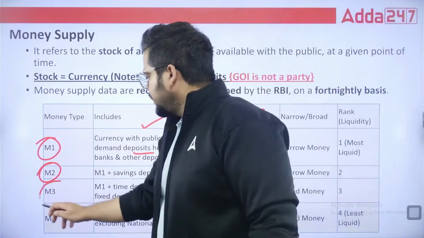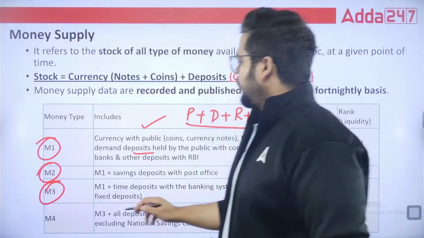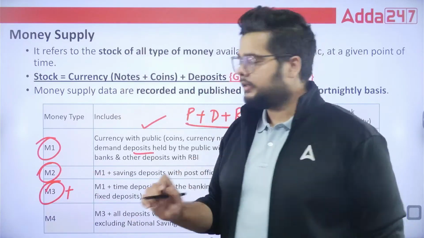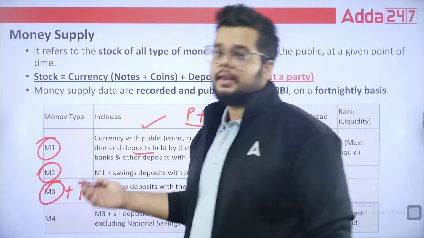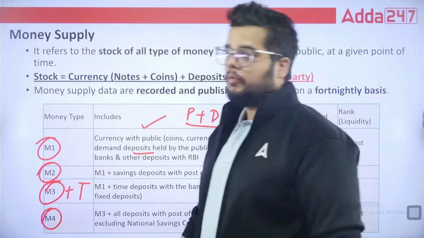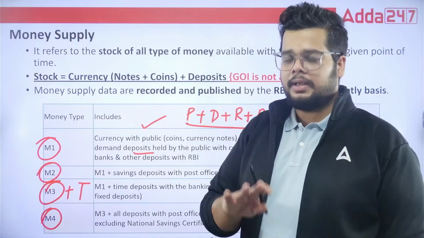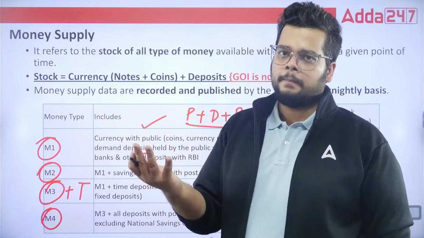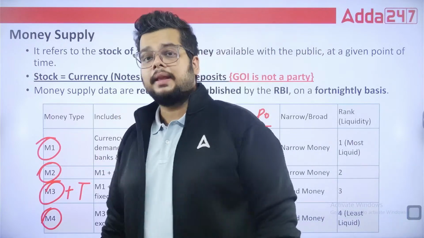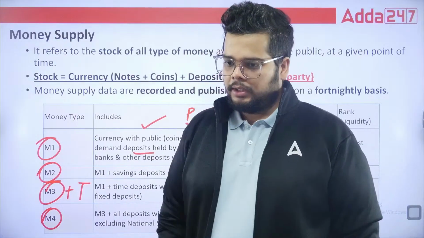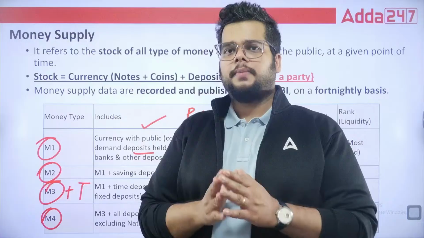Then M3, for M1, whatever the component was, you will be adding only one thing, that is the time deposit. So PDR plus T will be M3. For M4, what will you be adding? You will be adding to M3 the entire deposits of your post offices. And what will be the exclusion here? NSC and your Kisan Vikas Patra. Okay. So this was it for your measures of money supply.